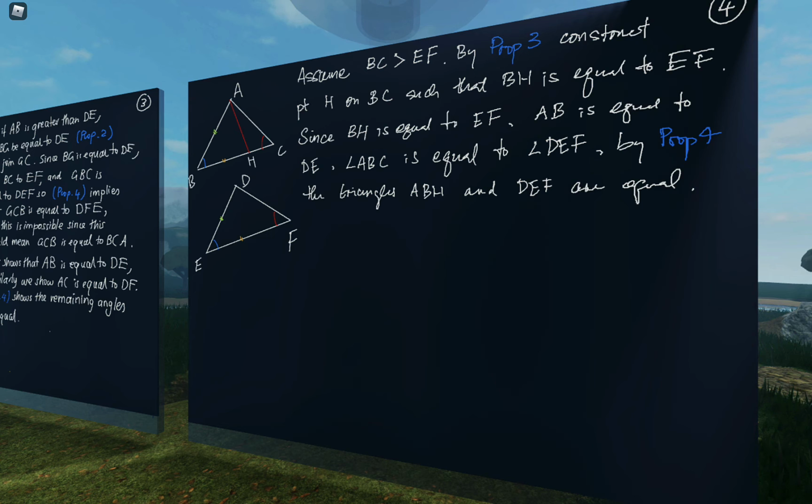All right, so this means all the angles are equal, the sides are equal, and so forth, or the corresponding angles and sides are equal. In particular, all right, so in particular, AH, which is the red line, is equal to DF.